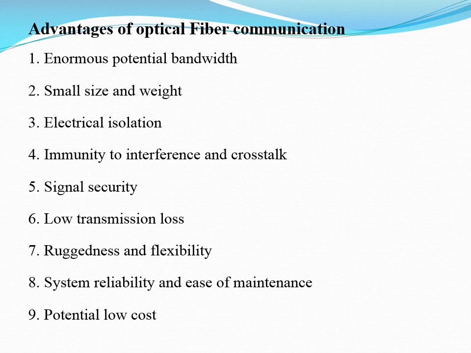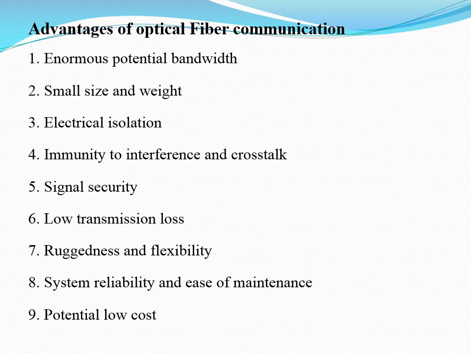Then we have the immunity to interference and crosstalk. Whenever we consider any optical fibers or any communication system, with information being transmitted through any medium, there might be interference by other signals into the system. There might be electromagnetic interference, there might be radio frequency interference.